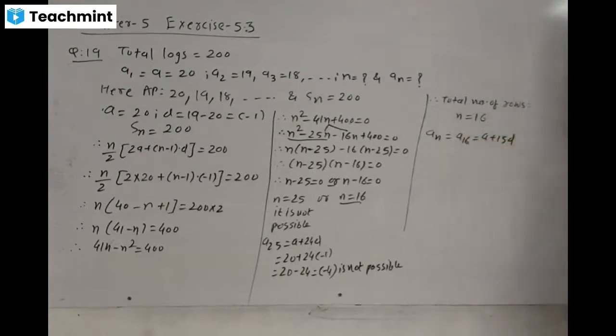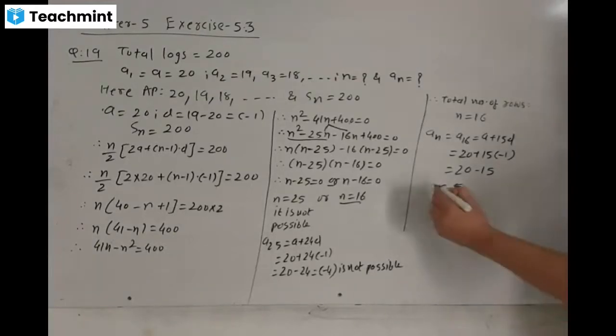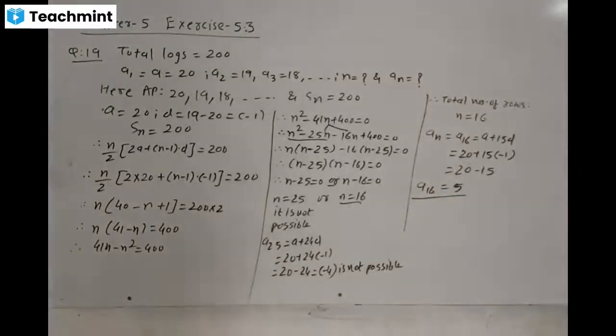Find the number of logs in the top row. a is equal to 20, 15 into minus 1, it is 20 minus 15, that is equal to 5. Therefore, the 16th row number of logs is 5. Okay, that is the last row.